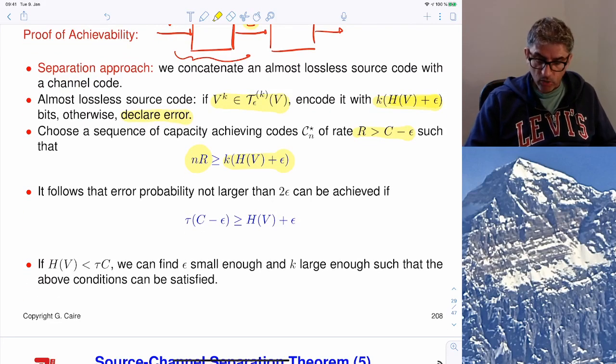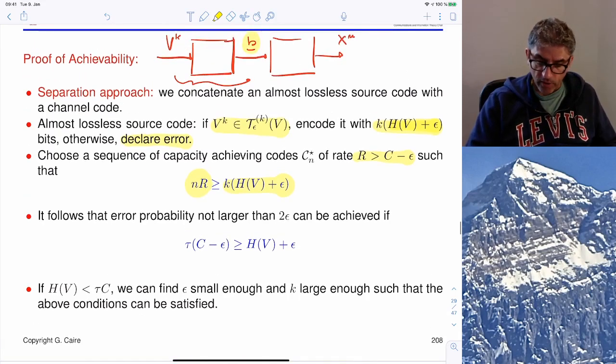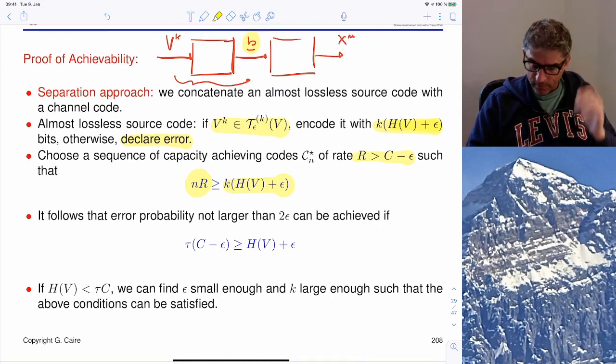And we also know that the probability of error of the channel decoder is smaller than epsilon.